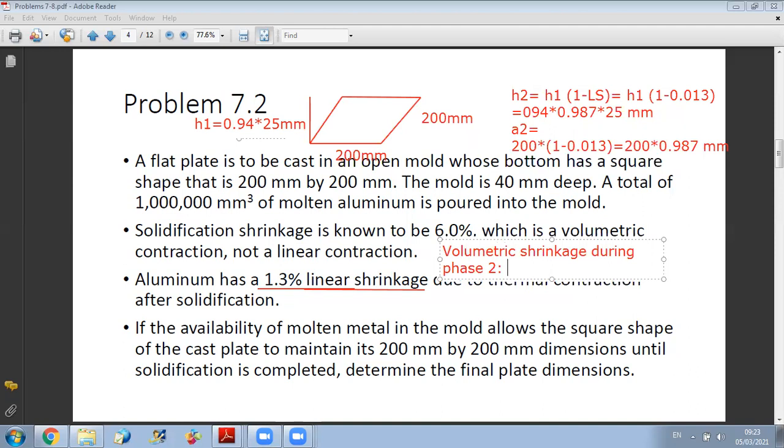In general, the definition of volumetric shrinkage is that I compare volume 2 to volume 1. V2 over V1 is equal to 1 minus the volumetric shrinkage in phase 2.